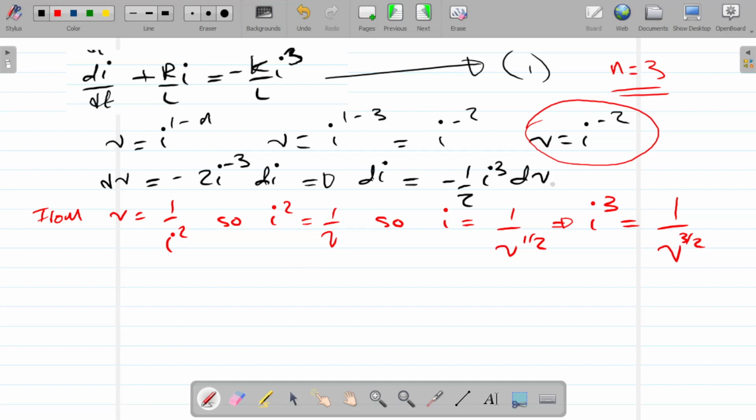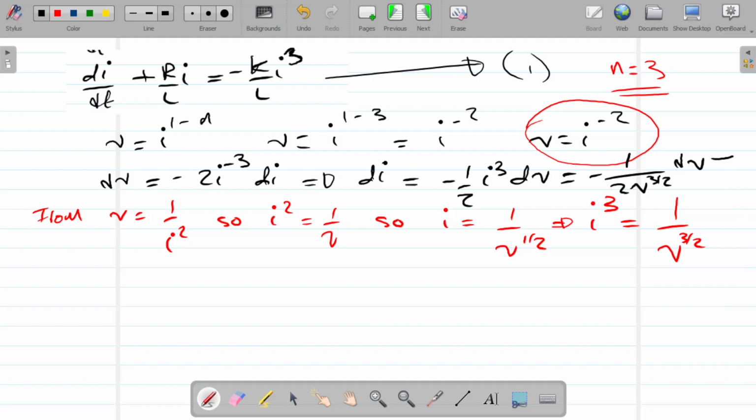We'll just return to the line above. We have di equals minus a half I cubed dv, which is equal to minus 1 over 2v to the 3 over 2 dv.